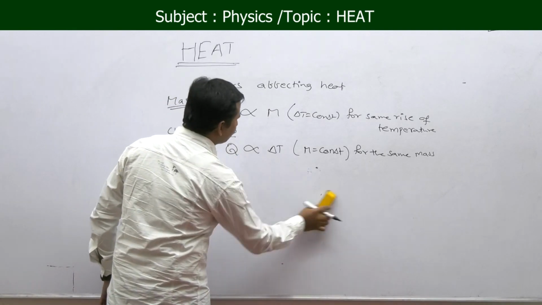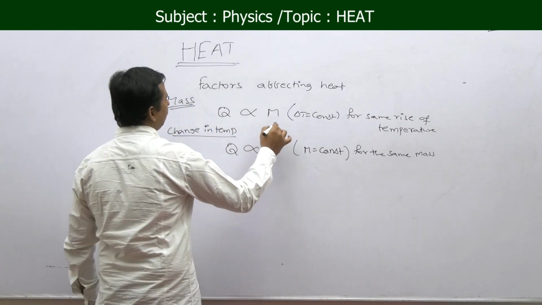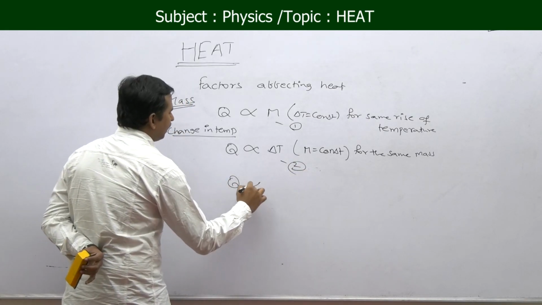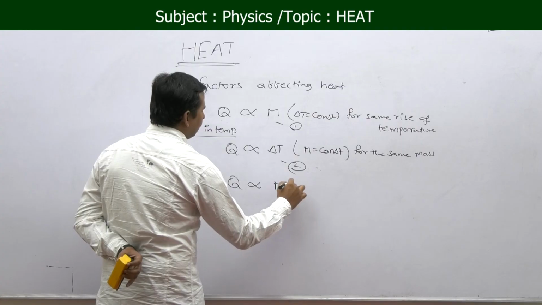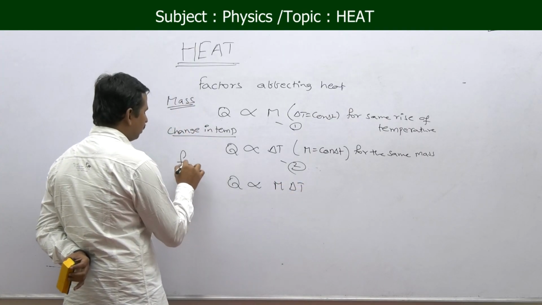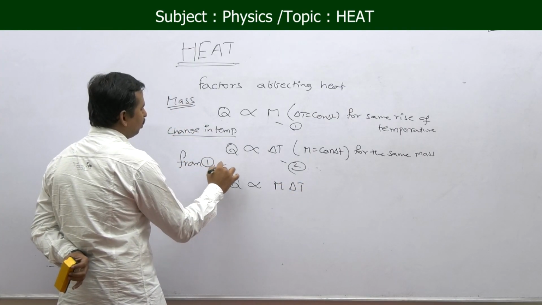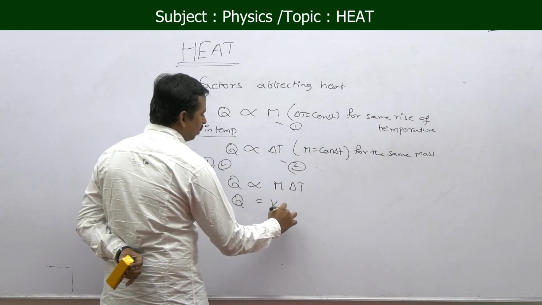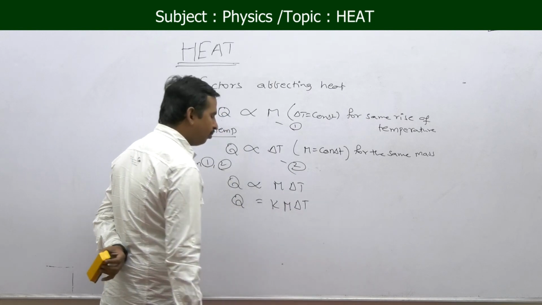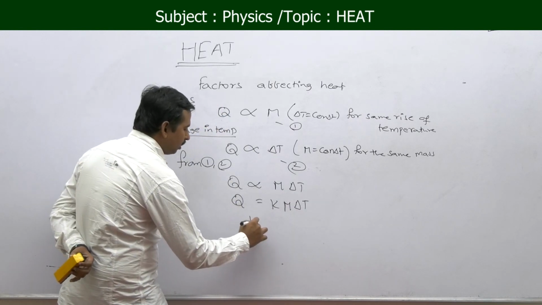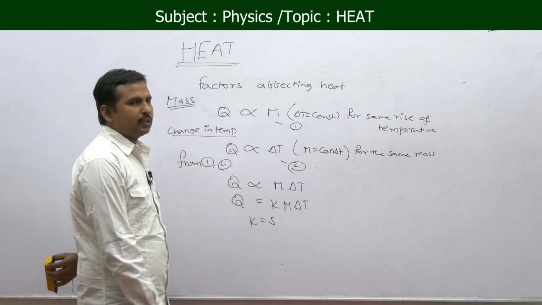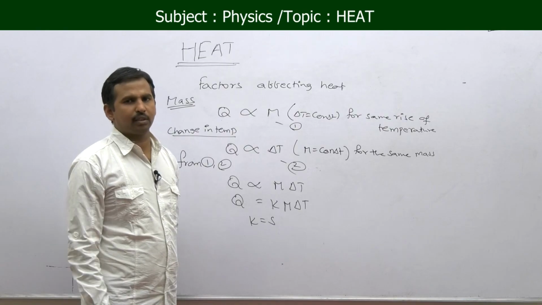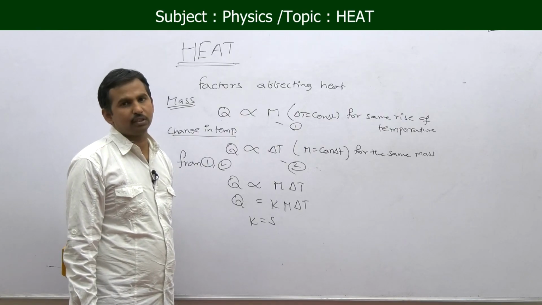Then if you combine both the statements, 1 and 2, we get Q is directly proportional to m and delta T. On combining both the equations and taking out that proportion, we get a constant K into m into delta T. That K we call specific heat capacity, which we discussed earlier as the nature of the substance.